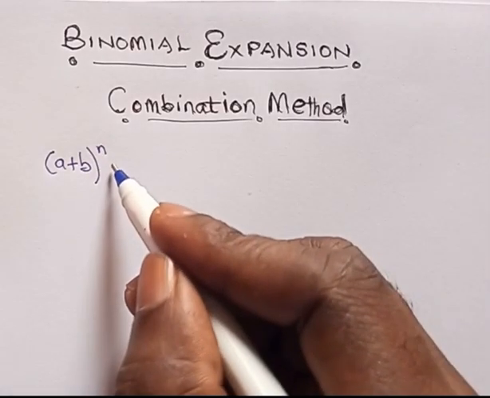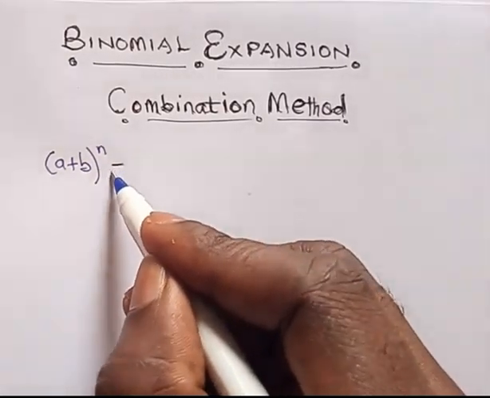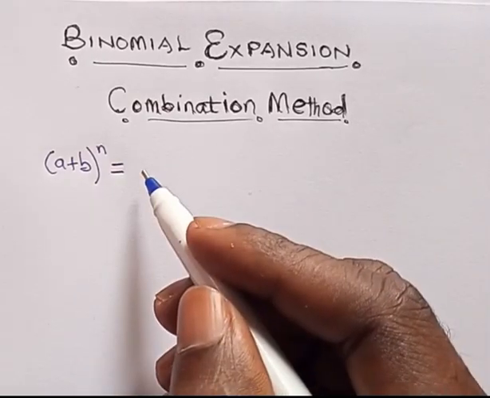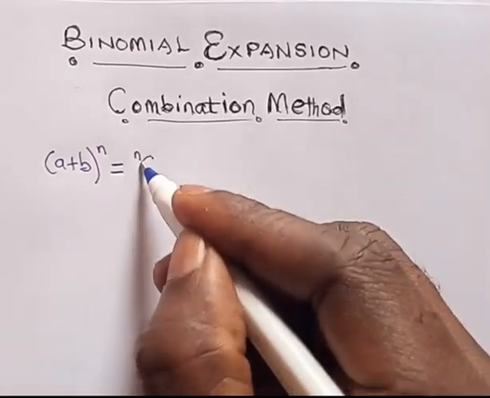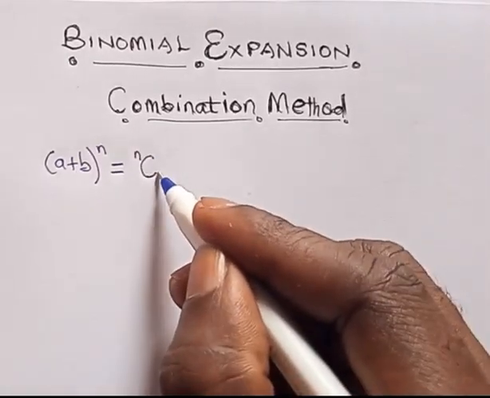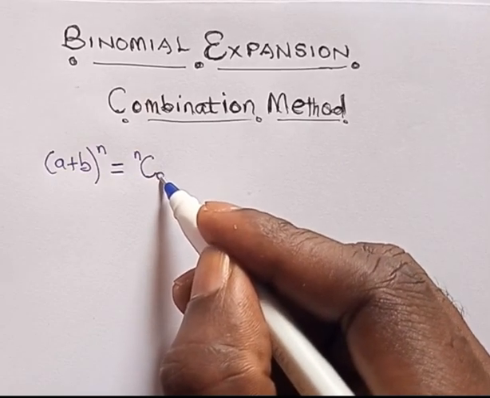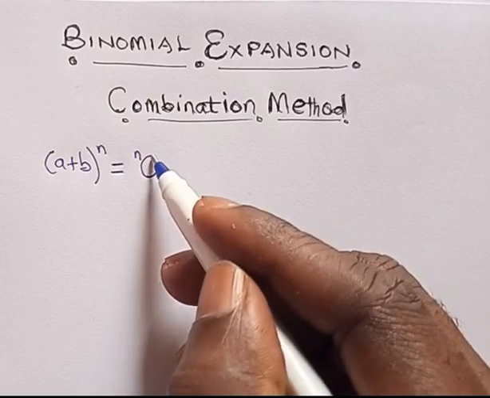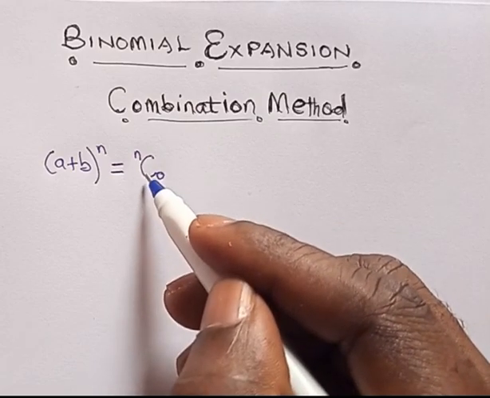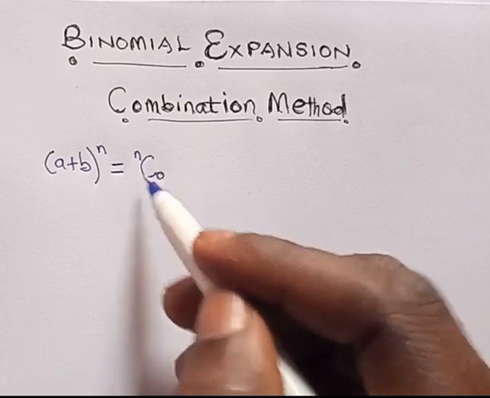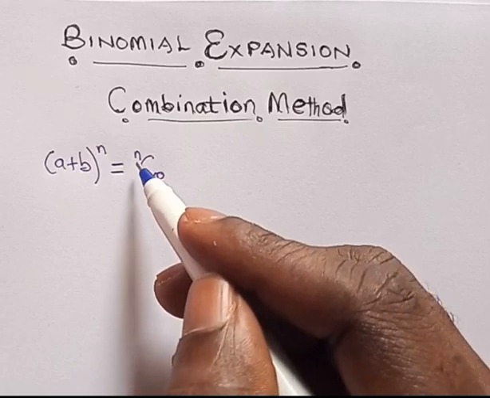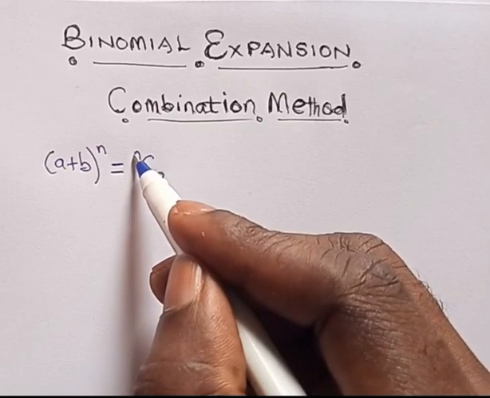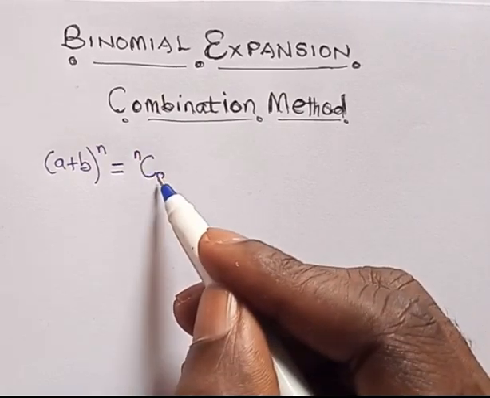For the combination method, we can write it as n combination, and we start with 0. This C you see here is combination. If you take your calculator, you see this combination there. Those of you doing elective maths, you know what I'm talking about. So this is n combination 0.